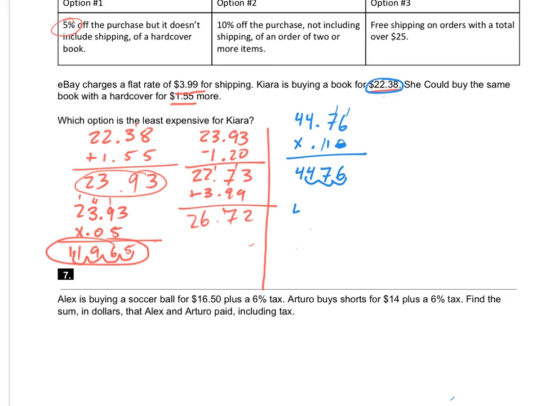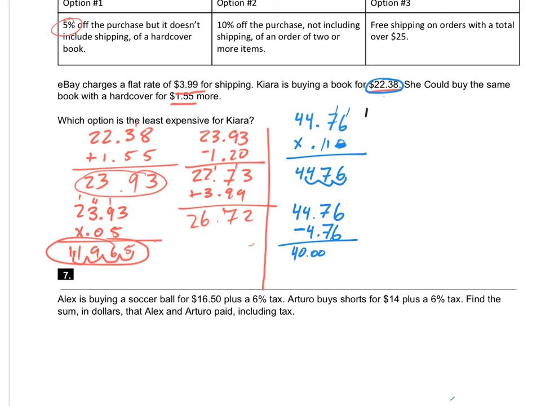So 44.76 minus 4.476, about 4.48. You actually pay about 40 bucks for these books. Again, this is not the best deal because you still need to add shipping, which is $3.99. So you're actually paying about $43.99 for the second option.